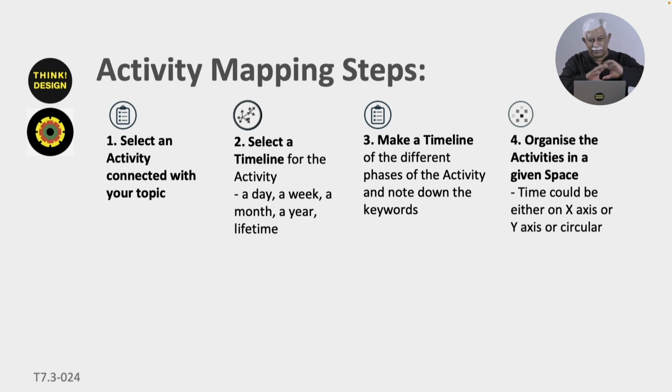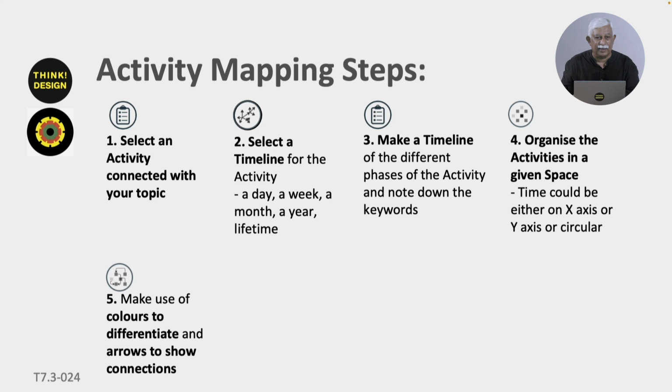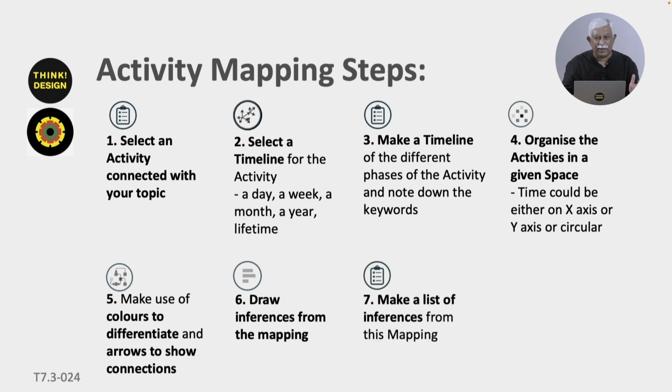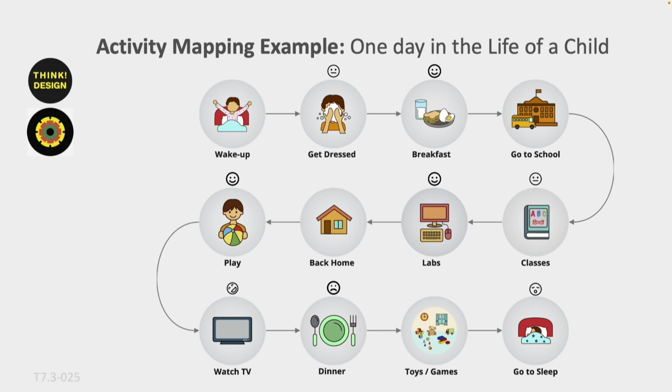Either you can use the x-axis or the y-axis, or even it could be circular to depict the time axis. You could make use of colors to differentiate, arrows to show the connections and directions, and you need to draw inferences from this mapping after you do it. And then make a list of these inferences. So, let's look at some examples.